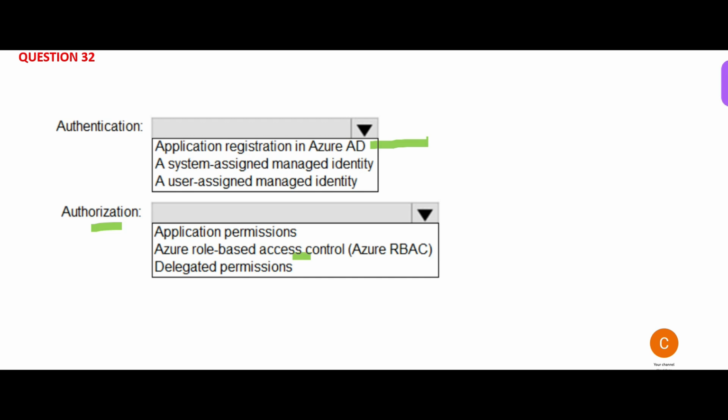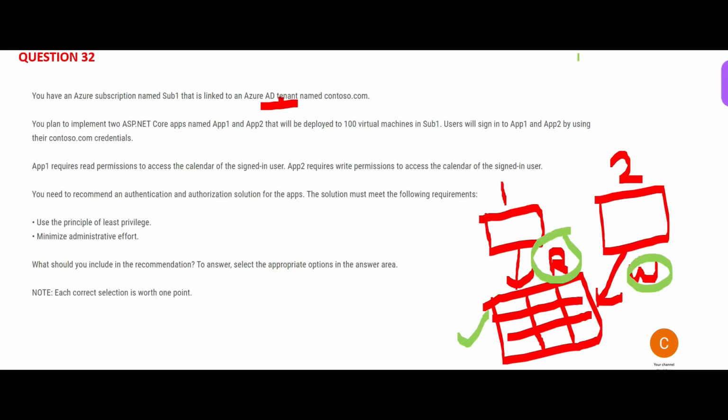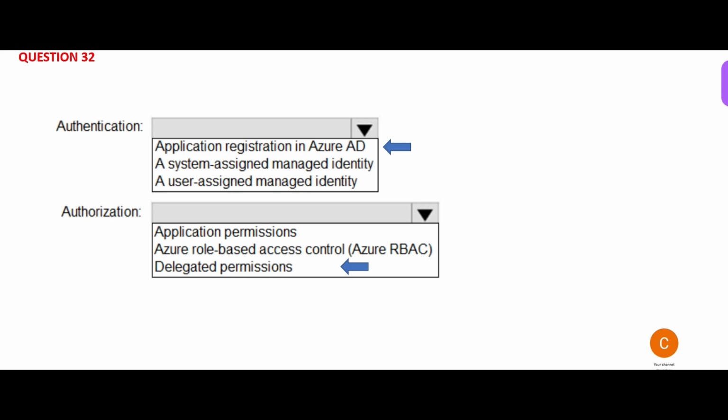That will not work. So delegated permission means you are the user, but on your behalf, the application will act. You are delegating that to your application so that when you log in and you are in app one, you will get read access only. When you log in and you are in app two, you will get write access only to the calendar. So these two are my final answers.